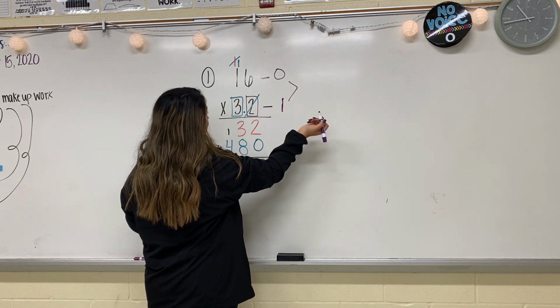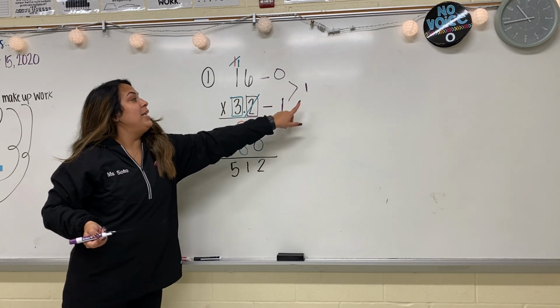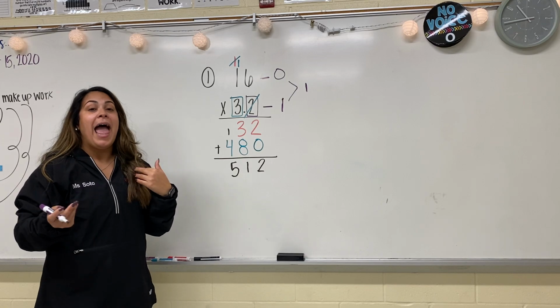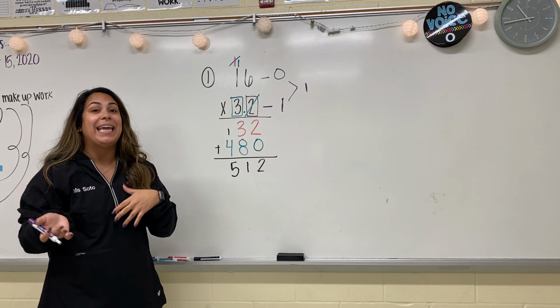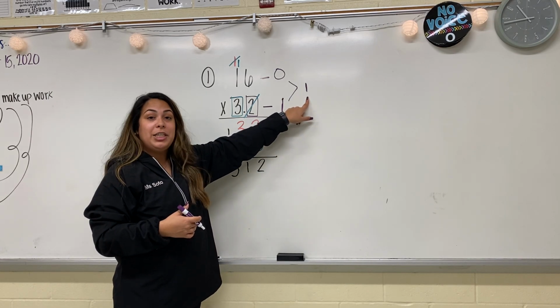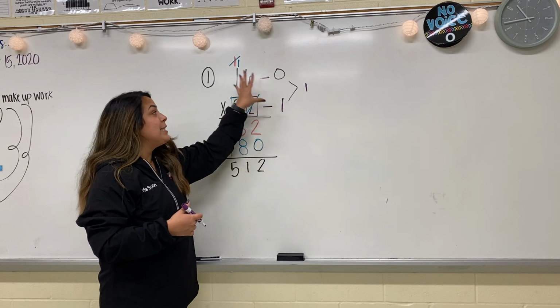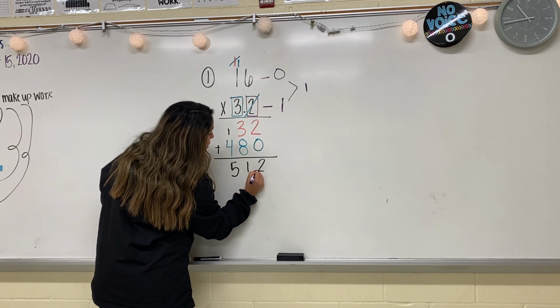I'll add these together, so I get 1. This 1 tells me how many digits need to be behind the decimal point in my answer. So since there's 1 digit behind the decimal point in the entire problem, then that means my decimal point is going to go right here.